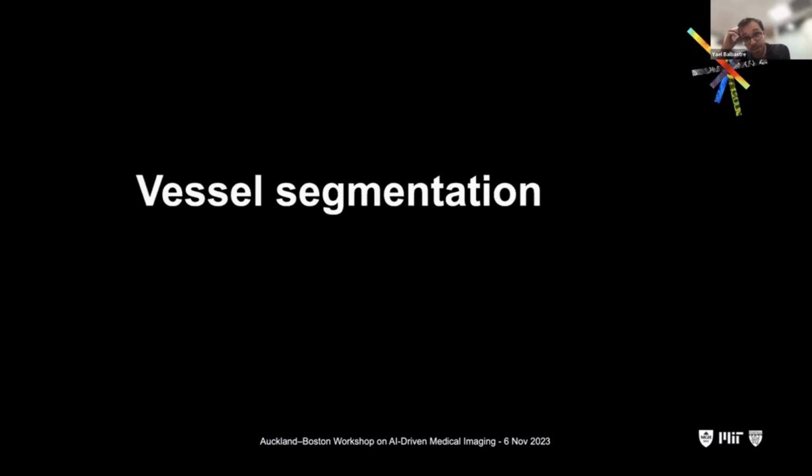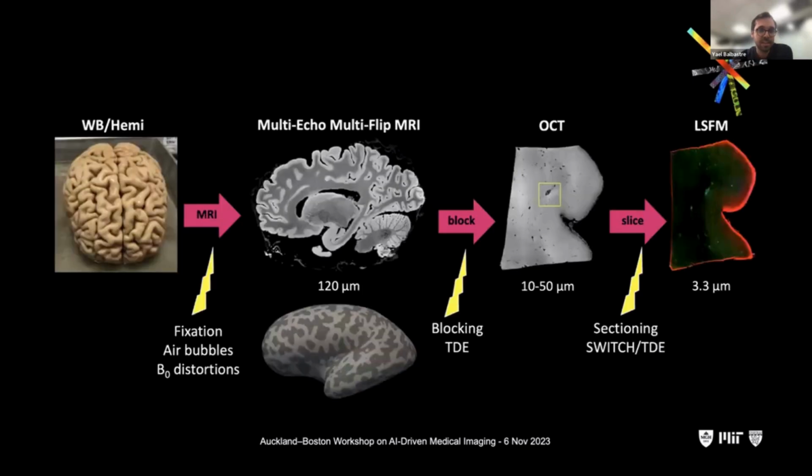Okay, and so now I'm going to try to explain how we use that for segmenting vessels. The reason why we got interested in vessel segmentation is we have a bunch of projects like this one, which is going to be presented by Bruce tomorrow, where we acquired data with different types of modalities post-mortem on a human brain.